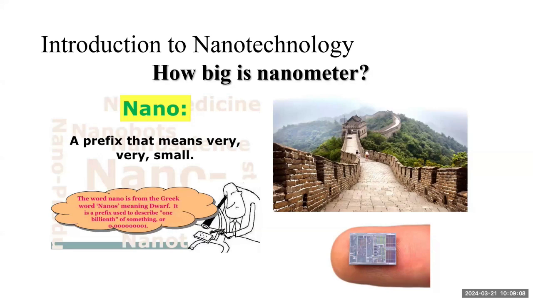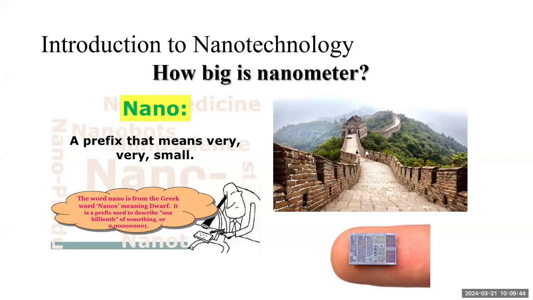But if you look inside this fingertip on the right side, it has a lot of features. As you know, thousands of millions of transistors are fitted in this small chip, microchips, or it's called nanochips actually. So how do people make these things happen? Because when nanotechnology comes into action, this thing actually happens.